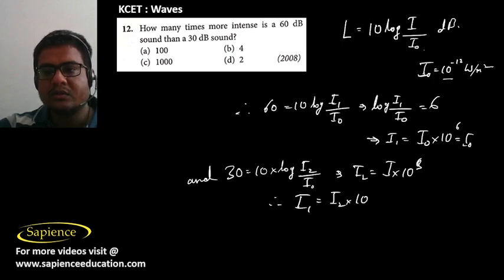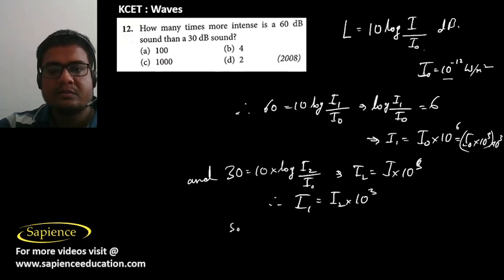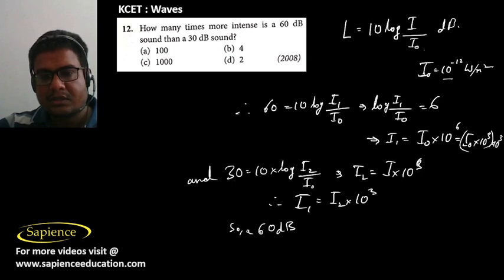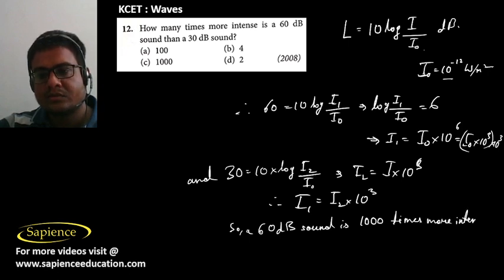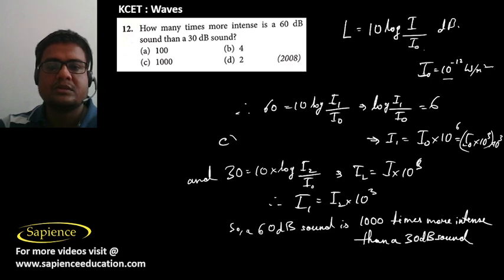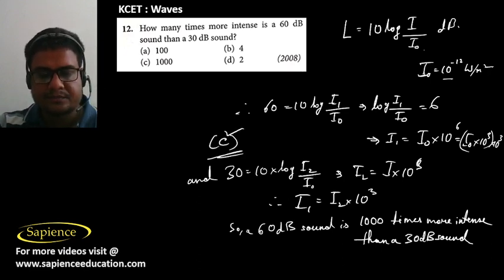So a 60 decibel sound is 1000 times more intense than a 30 decibel sound. So option C is the correct answer.